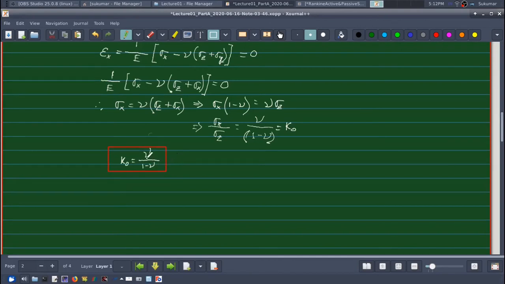Now the problem is, we know that soil is not really an elastic material, and therefore it is not easy to determine the Poisson's ratio, because most of the time soil will behave as a non-linear, elastoplastic material, and so determination of Poisson's ratio will not be very accurate. And therefore what we do, we depend on the empirical relations based on the field tests, all right.